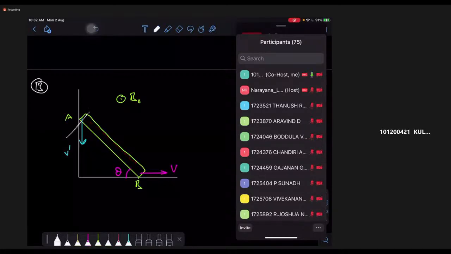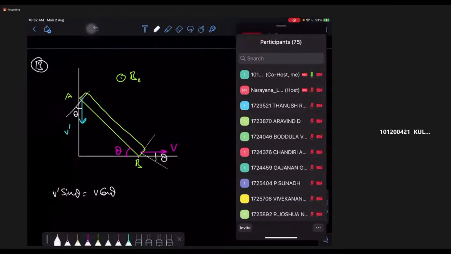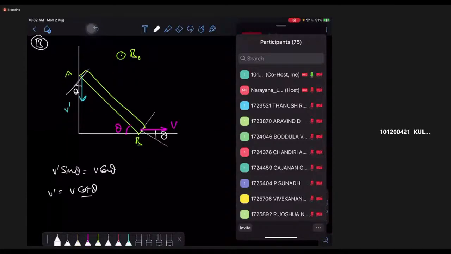If this is my theta, then V dash sine theta equals V cos theta. Along the rod, the parallel component must be the same. So we got the value of V dash. V dash here is V cot theta. Now another thing, if we consider this rod.